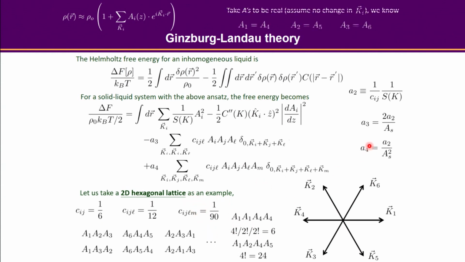Okay. All right. So let us now assume the amplitudes are real. Of course, by assuming that, we are assuming there is no deformation of my lattices. So locally, all the time, the wave number does not change, even across the interface. And we know that is not always going to be true.